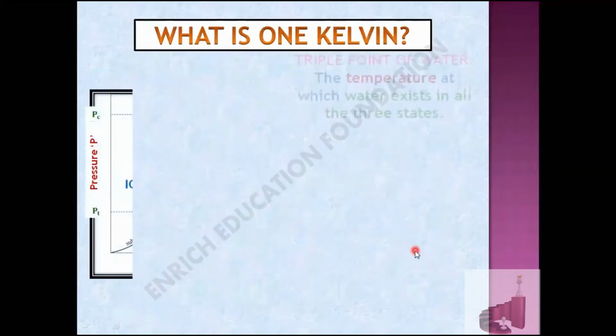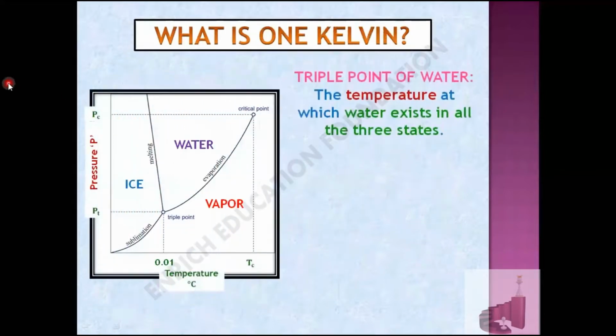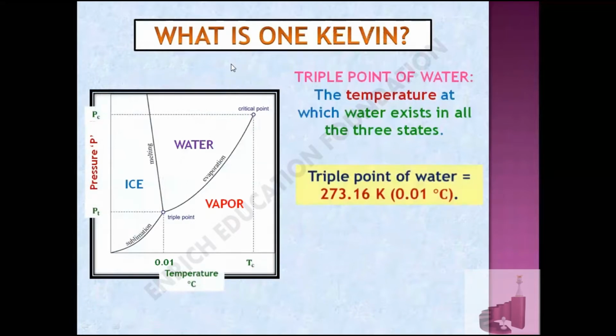Next, we are going to see what is 1 Kelvin. Before seeing what is 1 Kelvin, we'll first understand a term called the triple point of water. That is, this triple point of water is that temperature at which water is found to exist in all the three states, that is in the solid state, liquid state, as well as in the gaseous state.